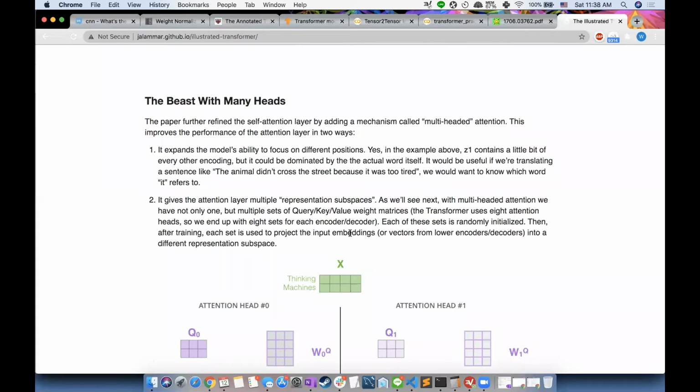I don't think it's a random number you can set. 512 is the hyperparameter you can set, and you divide 512 by the number of heads. In this case, I believe it's 8 heads per self attention.